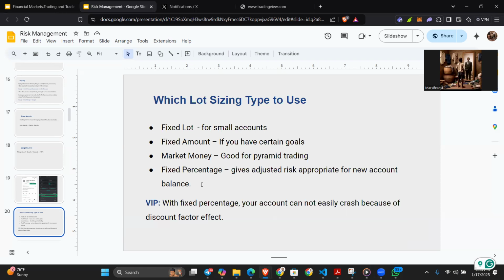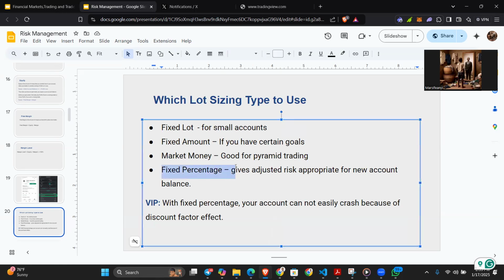But if I should give you advice, always work with fixed percentage. Why? I will explain it better in the next slide so that you understand the importance of using fixed percentage. Because fixed percentage gives you adjusted risk, and this is appropriate for a new account.